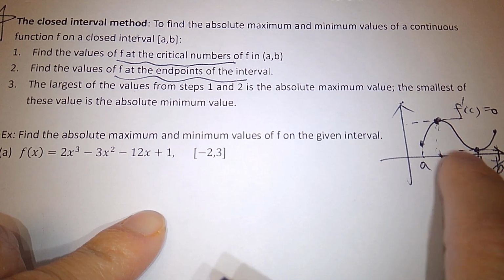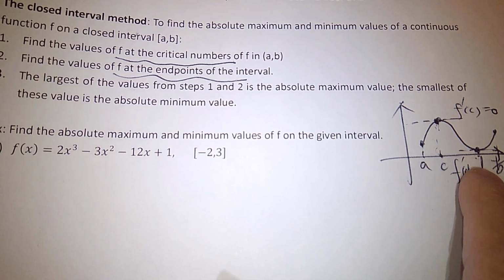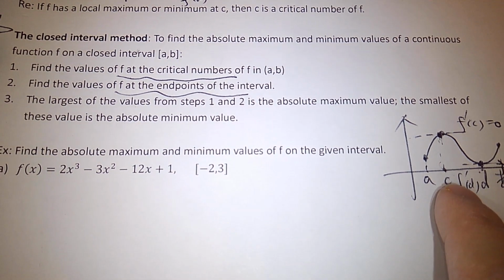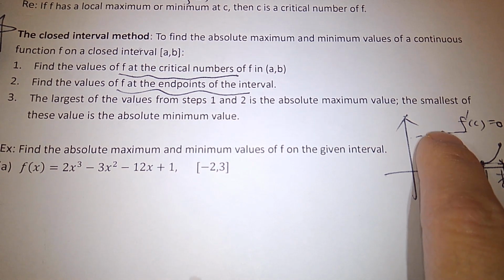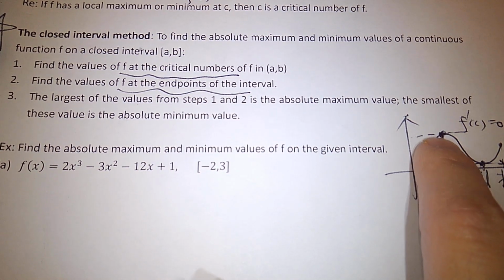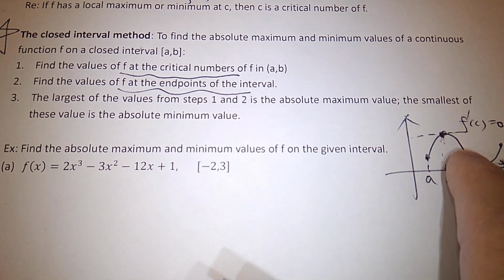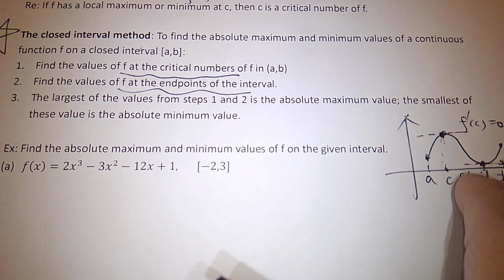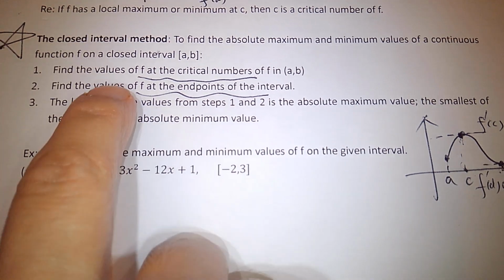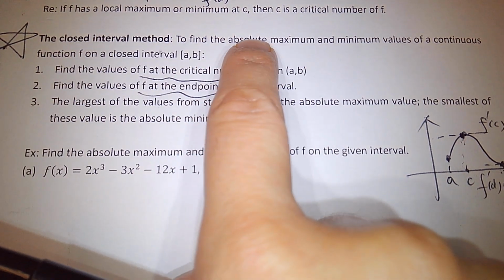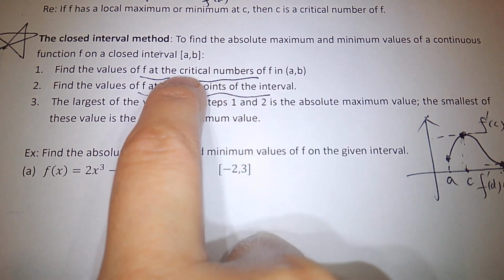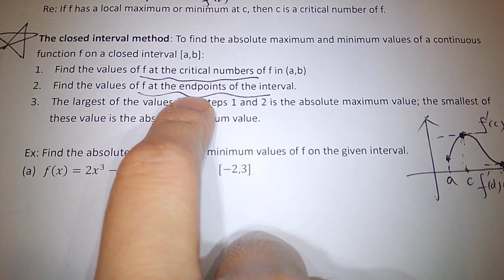That gives us critical numbers, and at critical numbers we may get a local maximum or local minimum, which might be the absolute maximum or minimum. Guys, do you see that? So, to find extreme values, follow the steps, okay?